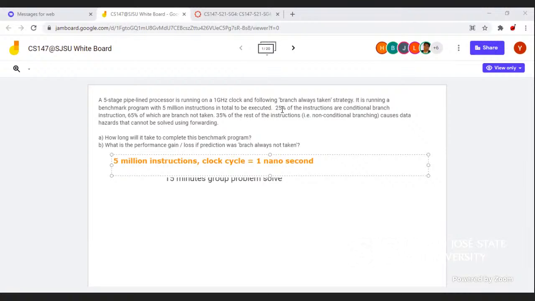Of these 5 million instructions, where do we get the extensions? First off, we have 25% that are conditional, of which 65% are branch not taken, so they waste 2 clock cycles.